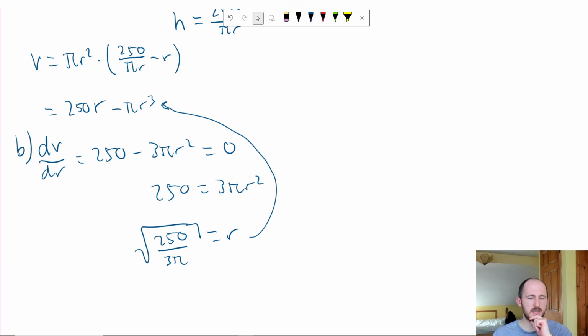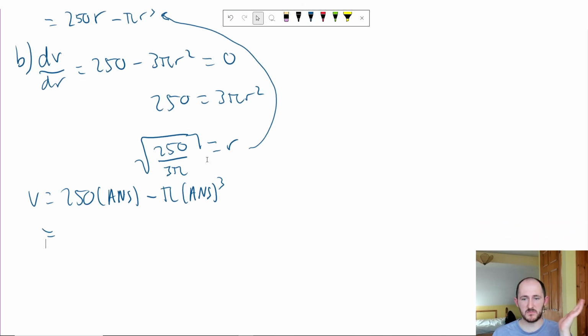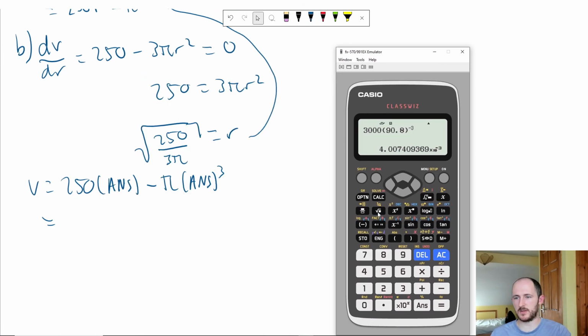Alright, it's fine. We're going to use the good old-fashioned ANS button, right? Because we're cool. So 250, again, ANS, so whatever that answer is, minus pi ANS cubed. You are more than welcome to do that in your exam. No rules against it. So let's do this. So we have 250 over 3 pi, gives me whatever that is.